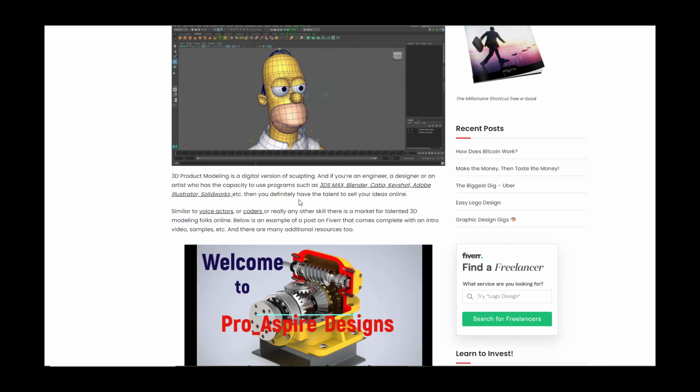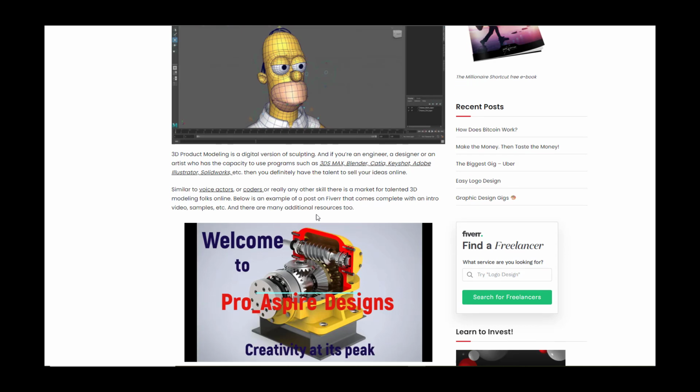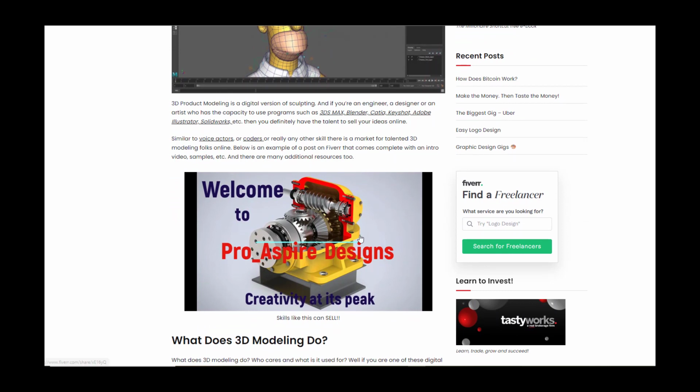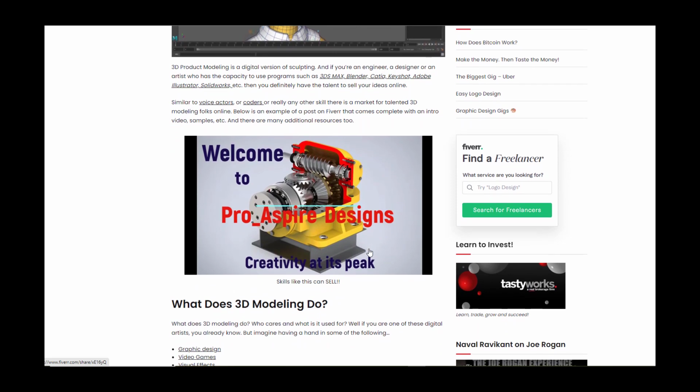Similar to voice actors and coders, or really any other skill, there's a market for talented 3D modeling folks online. Below is an example of a posting for a 3D modeler. This is a great skill because you can provide something that lets people see how something works before they actually create the product.